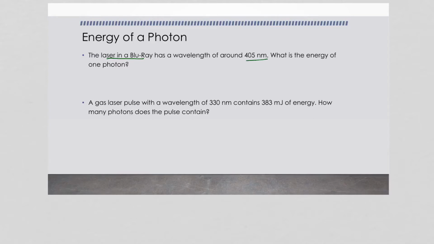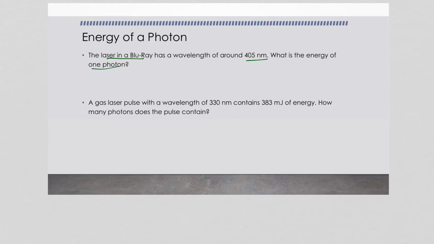405 nanometers. As you might recall from our electromagnetic spectrum, this is going to be in the blue-violet, at the very edge of the visible spectrum. And we want to know what the energy of one photon of this wavelength of light will be.